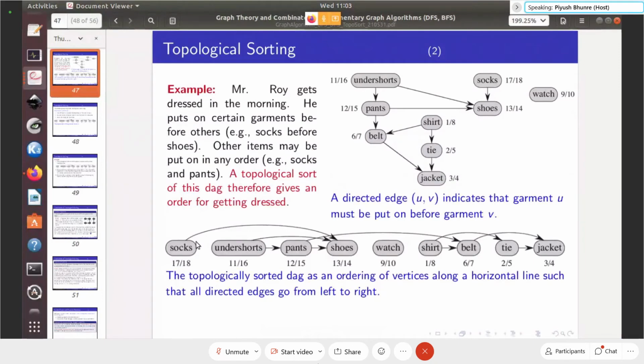So in a forward fashion, there can be an edge from left to right, but no edge can be there from right to left.